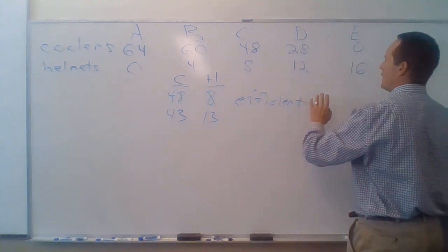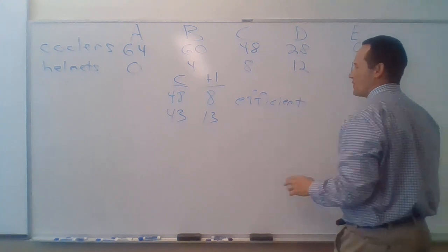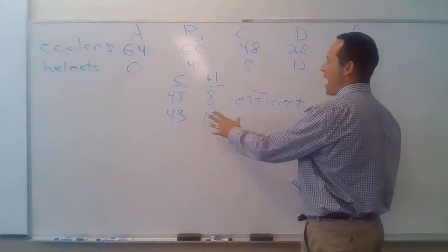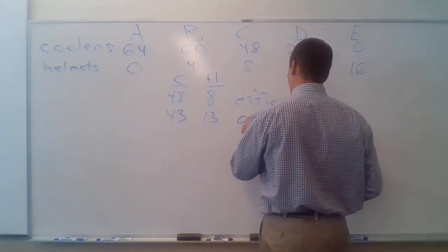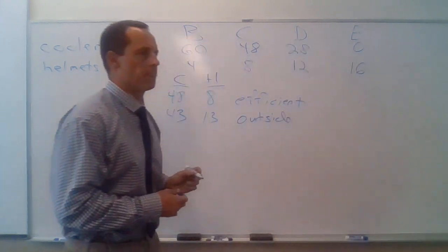Does 13 helmets fit between 8 and 12? No, it does not. So this proposal is too ambitious. We have to reduce it. If it's too big, then we are outside of what is possible.